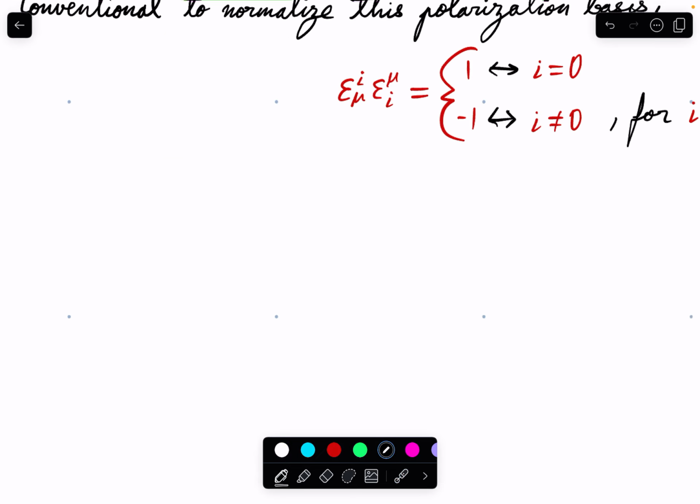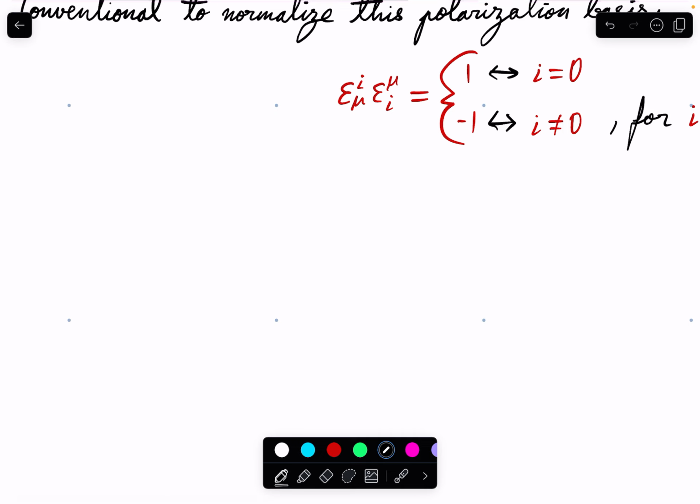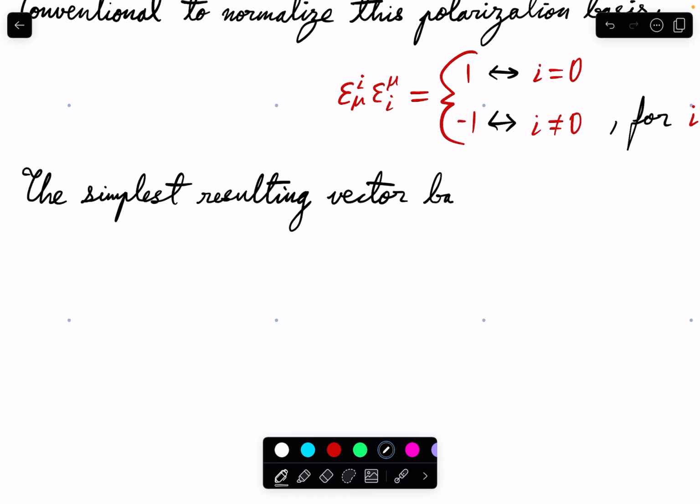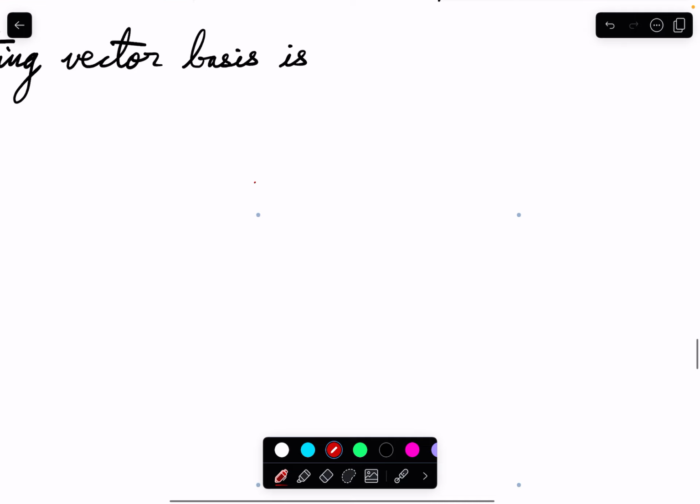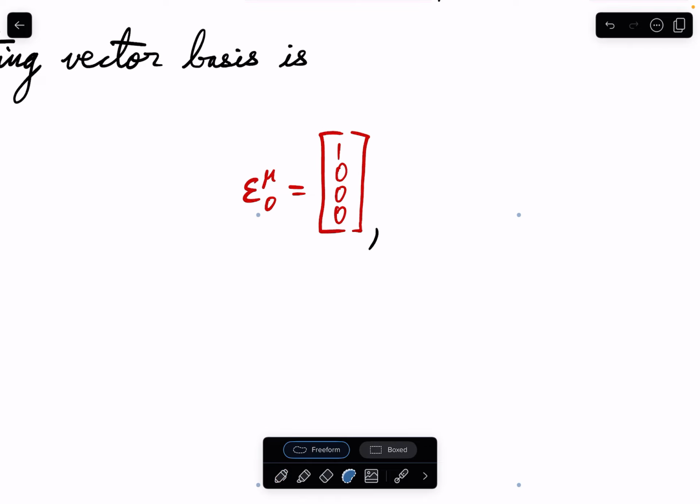So the simplest resulting vector basis is then, and these are all very similar.